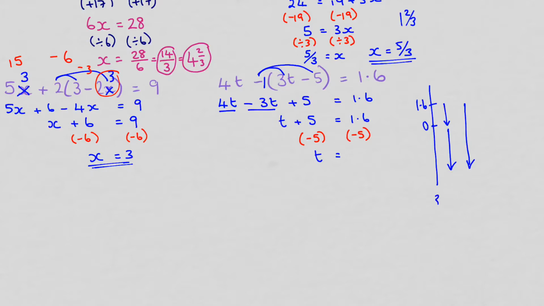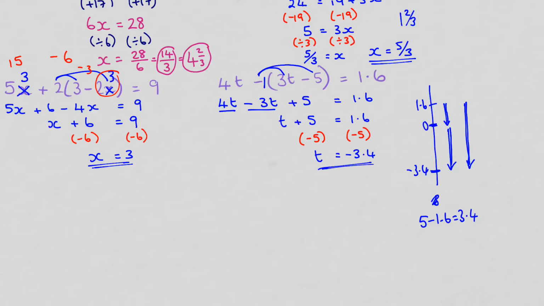So 5 take away 1.6 is 3.4. So the answer would be negative 3.4, because you have to go down 5 altogether. You go down 1.6 to get to 0, so then you've got a further 3.4 to go. And then, obviously, if you start off at 0 and you go down 3.4, you get to negative 3.4.